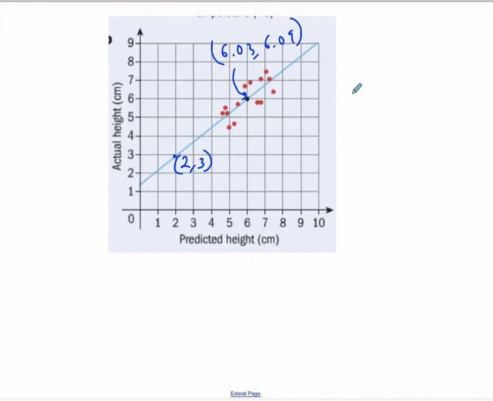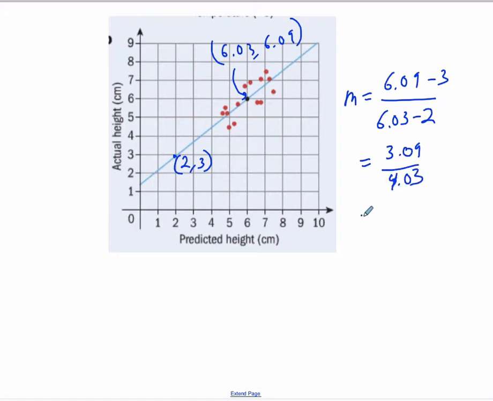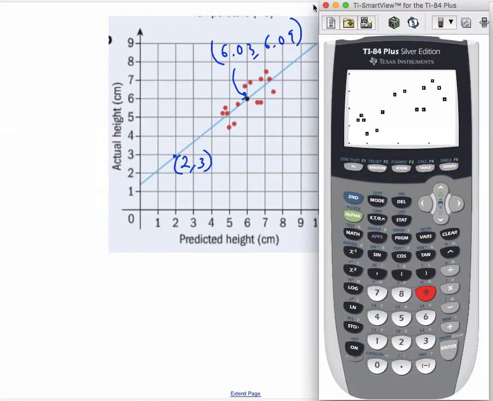So let's find a slope first. A slope would be 6.09 minus 3 over 6.03 minus 2, which equals 3.09 over 4.03, which is, let's just type that into the calculator.